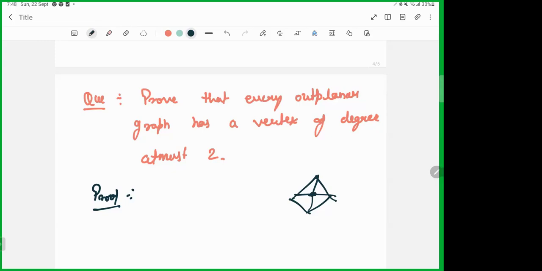Since we are talking about unbounded faces, it is better we go to the dual now. If you go to its dual, what is going to happen?